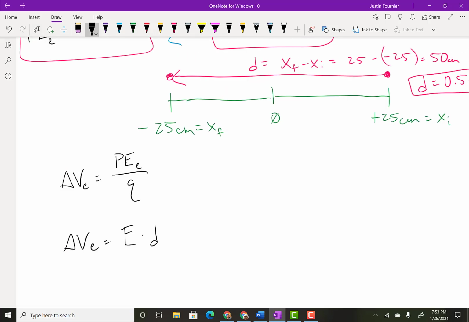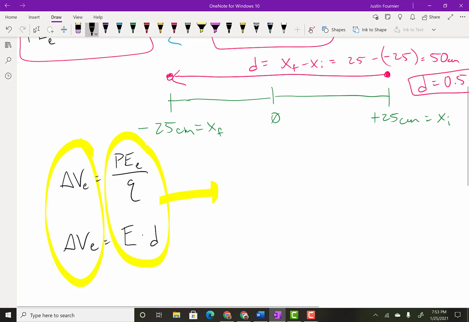All right. So what I'm going to do is, hey, wait a minute. Those are both electric potential, so I'm going to set these equal to each other. If I set those equal to each other, I'll get that the amount of electric potential energy over the charge is going to equal the electric field multiplied by the distance. And now I'm just going to isolate charge. If I multiply both sides by Q, this cancels with this.